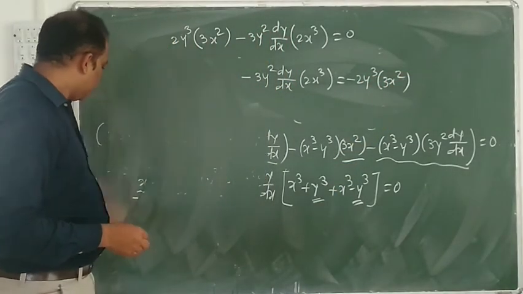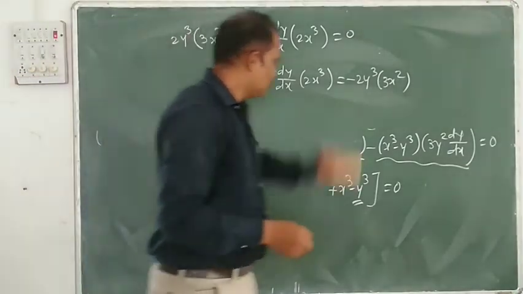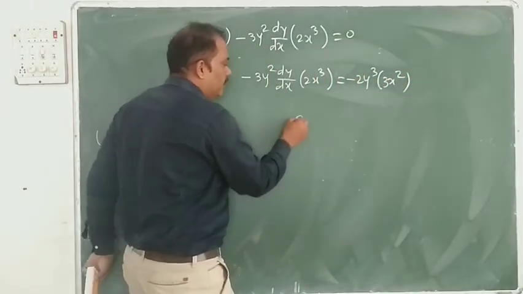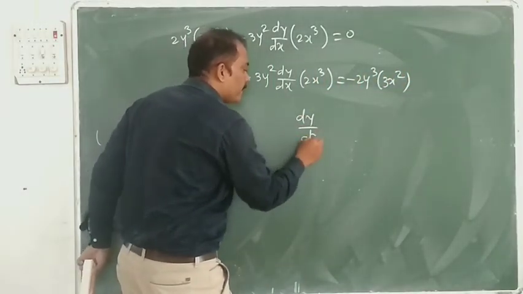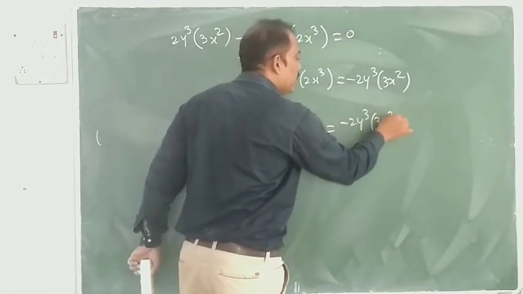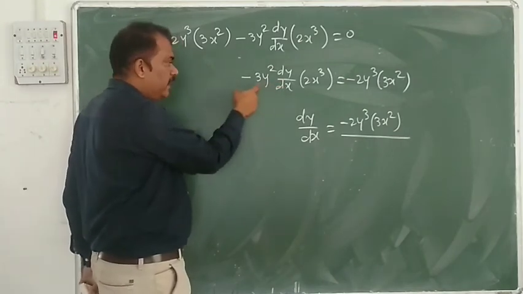So what we get, dy by dx is equal to minus 2 times y cube into 3 times x square divided by the coefficient of dy by dx.